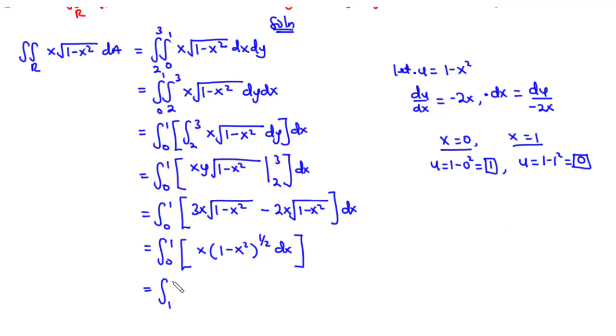And then here we have x times 1 minus x squared is u, so x times u to the power 1 over 2, and then we have dx defined as du divided by negative 2x.